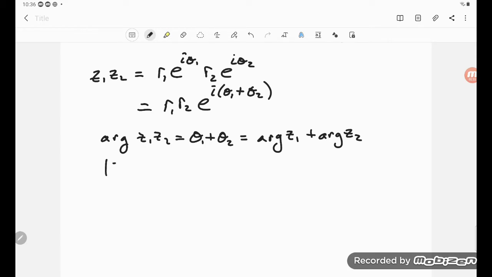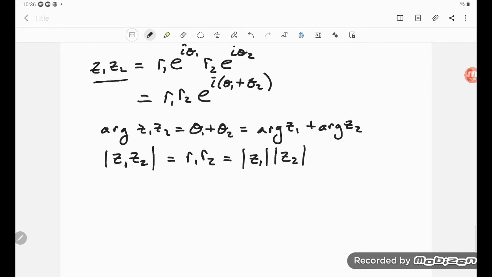And I see that the absolute value of Z1 Z2 is equal to R1 times R2. Well, yeah, I should probably write it that way first. So R1 R2, but that's just the absolute value of Z1 times the absolute value of Z2. Much more insightful about what you get when you do this product.